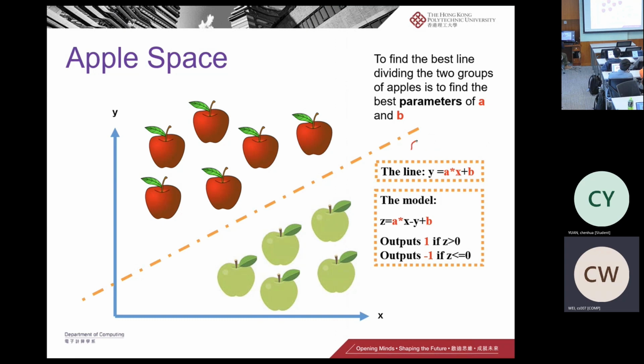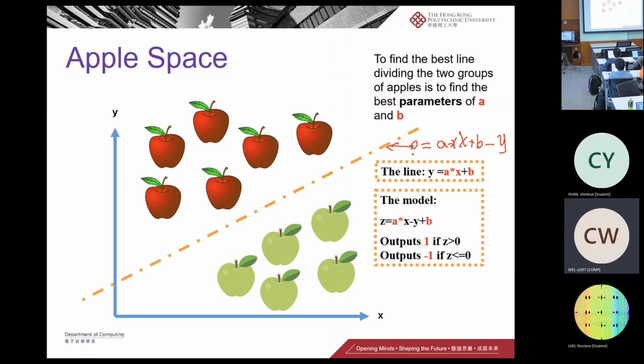So the thing is, you can move this y to the right side, and it becomes something like this. If it's on the line, it's 0, and we can substitute the actual value as a z here.